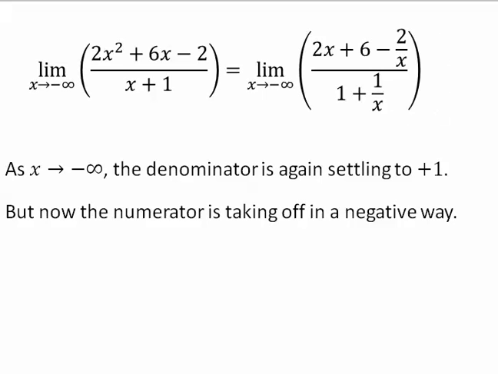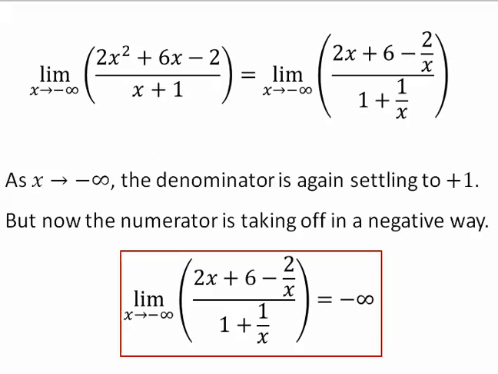And as x gets very negative, again, 1 over x is going to 0. And the denominator is settling to positive 1. But now the numerator is taking off not in a positive way, but in a negative way. And so we say that the limit is equal to negative infinity.